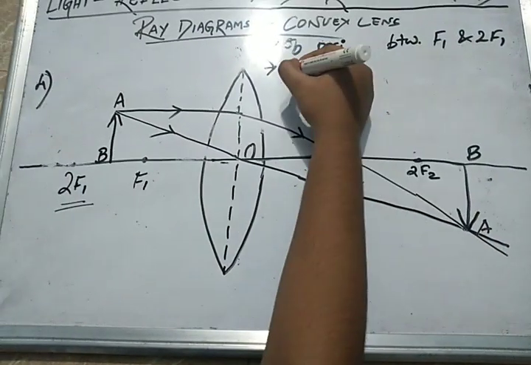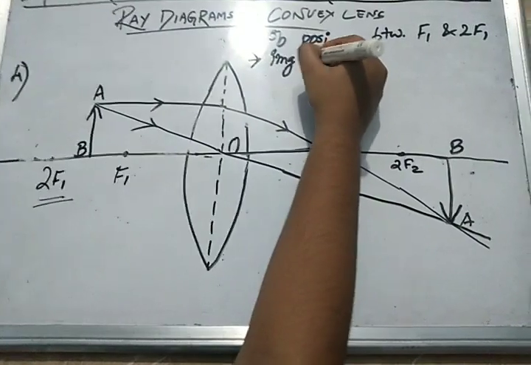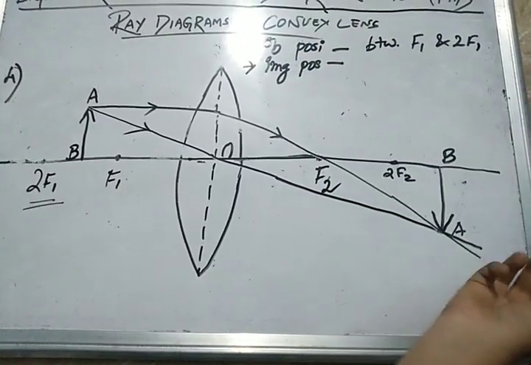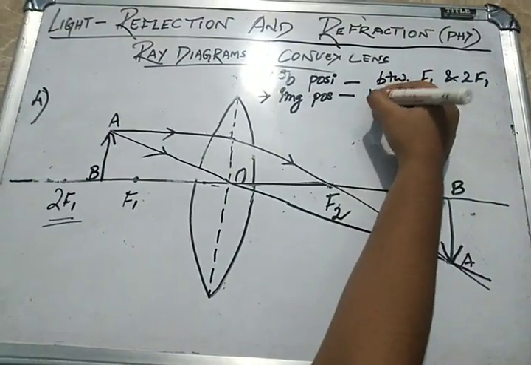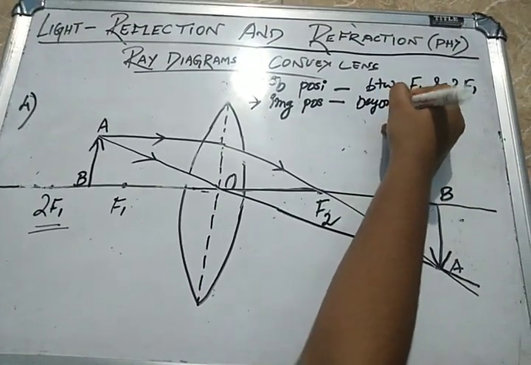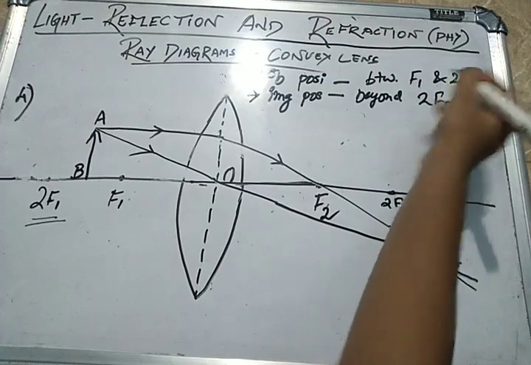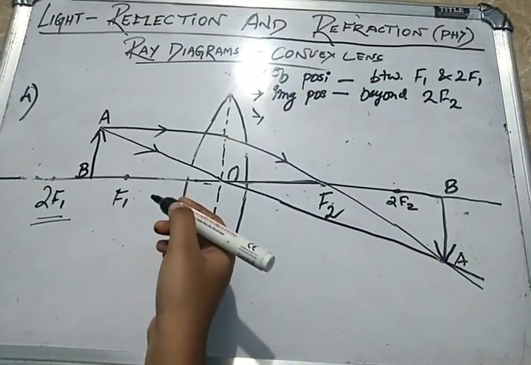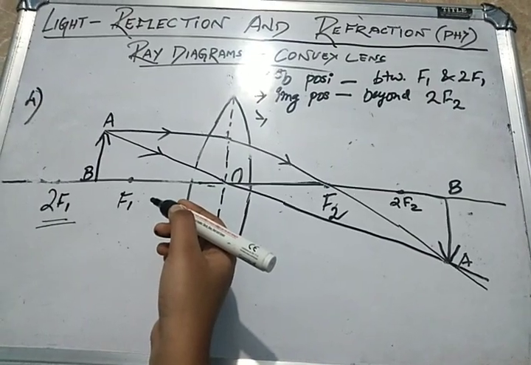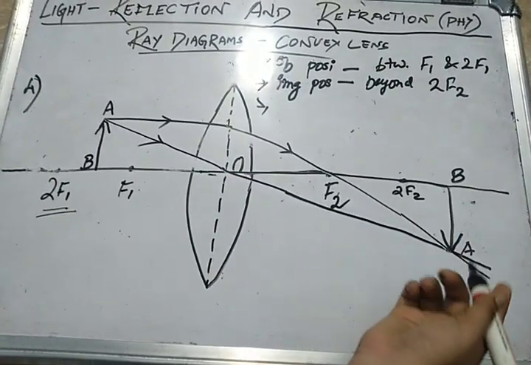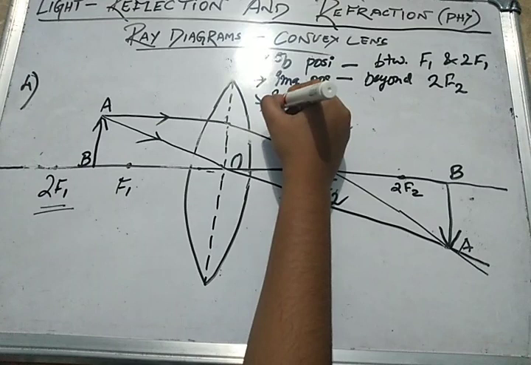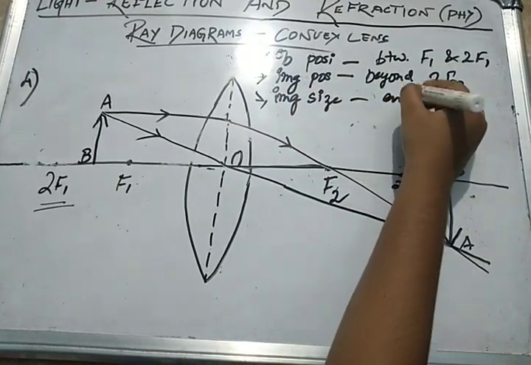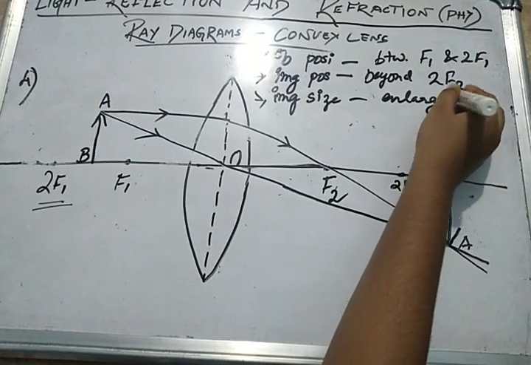It is beyond 2F2. Next, what is the size of the image? It is enlarged, bigger than that of the object.